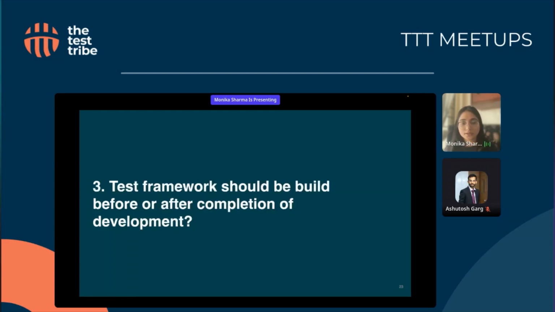Third question is whether the test framework should be built before or after completion of deployment. Sorry, development. We have seen cases where project is in inception phase and QAs are not involved. Then after that, once deployment is completed or going on, or after 2, 3, 4 sprints, QA gets involved and we are asked to create a test framework.